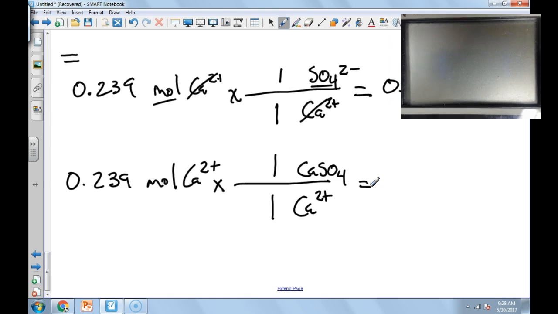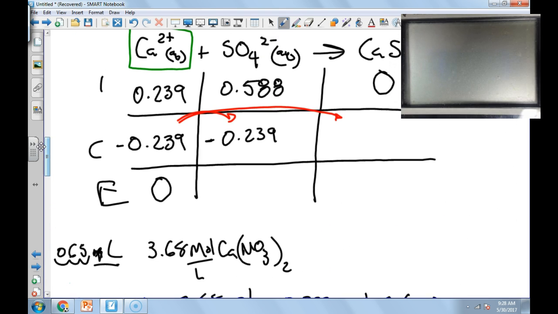Now, if you don't need to do that math and you can see it, I'm okay with you not showing the math, okay? But this is where we go. So we go 0.239 moles of CaSO4. That's how much is made. Okay, if we used up this, we're going to make this 0.239, so we're going to add that.